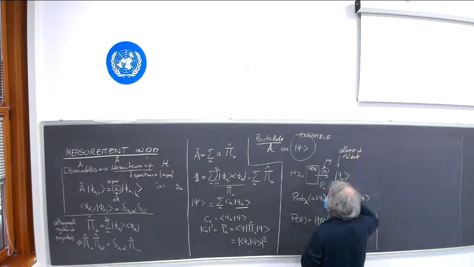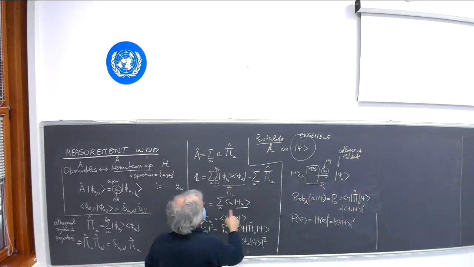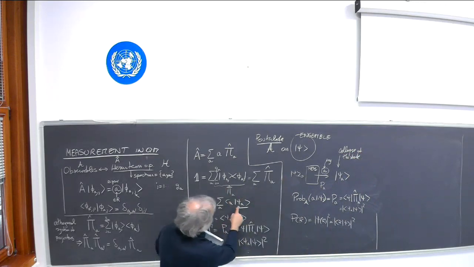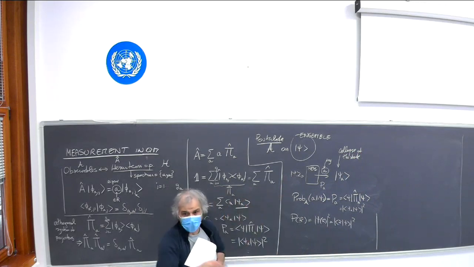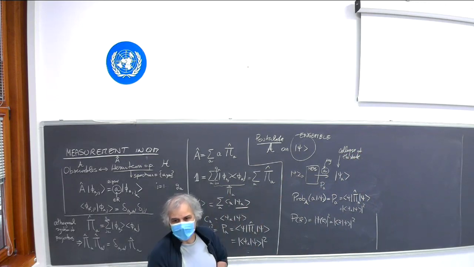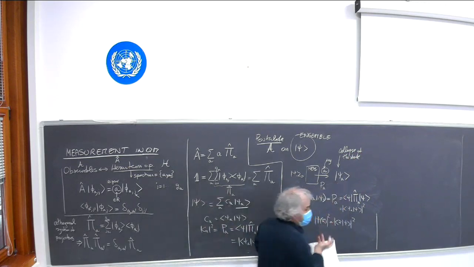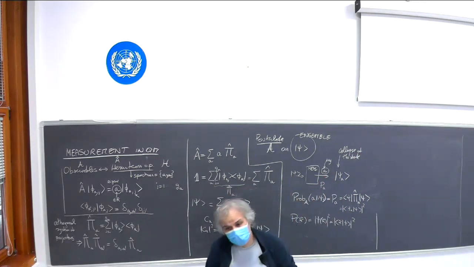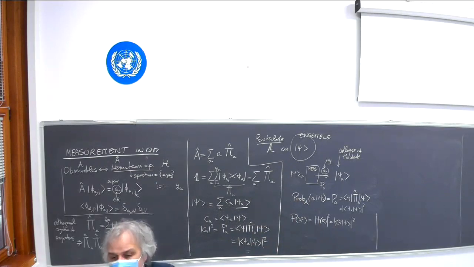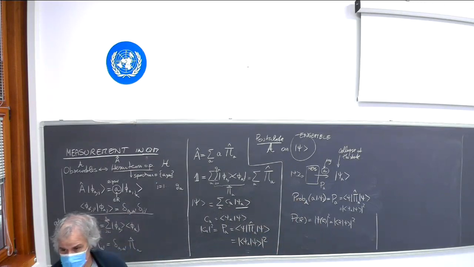The state before entering the apparatus was a sum of many eigenvalue projections with certain coefficients. After, it's only one, the one that I measure. I repeat the experiment, I could measure a different A prime. So I'm not sure which is the final object that I get, because I possibly get a different eigenvalue, and I can accumulate statistics of the eigenvalue.